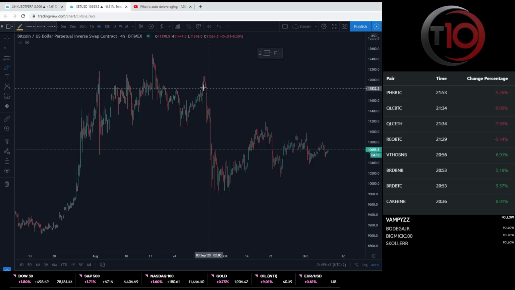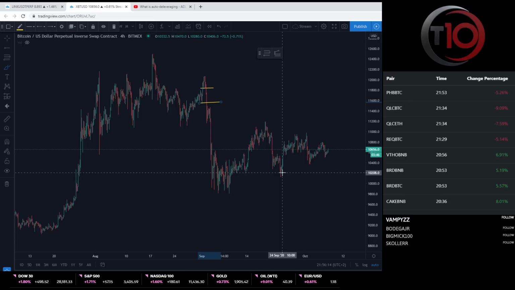This was the level that didn't hold, local support, and then crashed down. This was the actual failure, you can say, but this was the start of the move. So if they come up here, we really want to hold this zone, but it would be better to hold the bottom part of the move here. So it will be interesting.